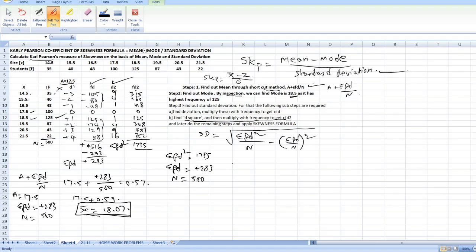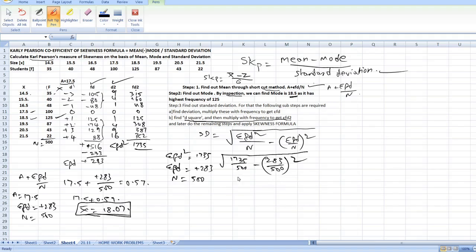Now you have to apply this here. Okay students, this is very very important. Now we have to draw a square root of 1735 divided by 500 minus brackets of 283 by 500 whole square.